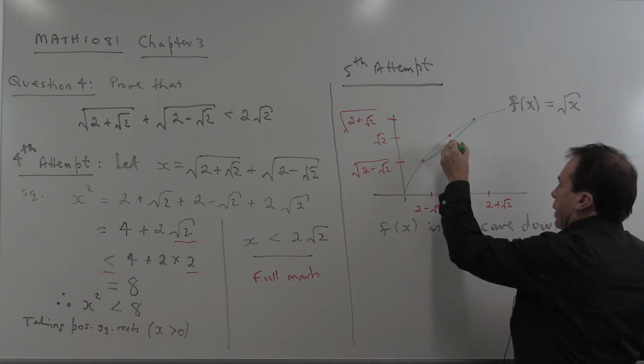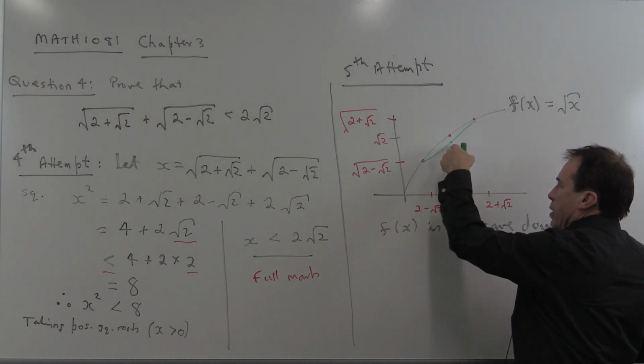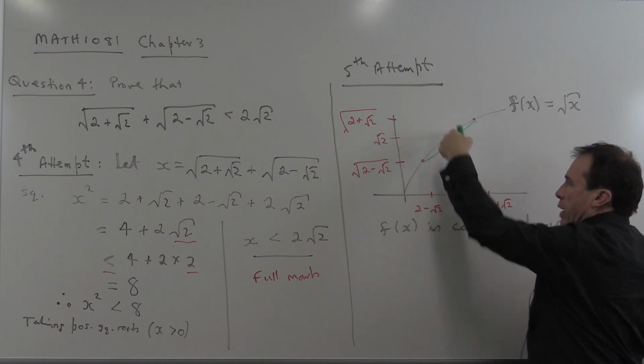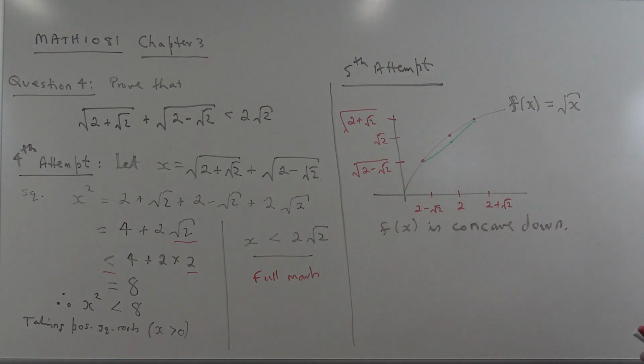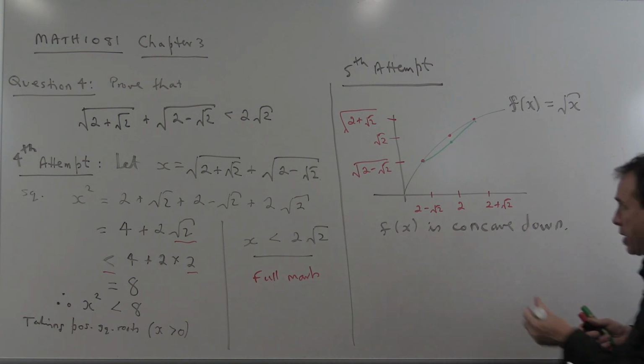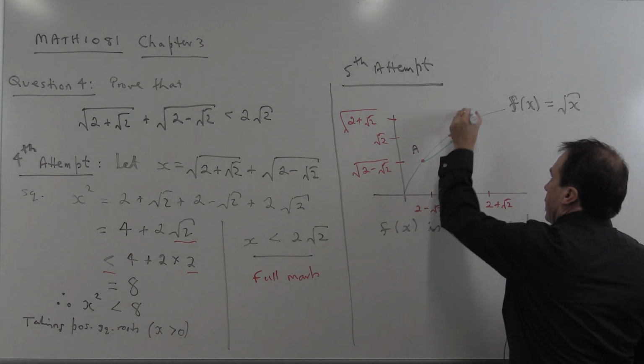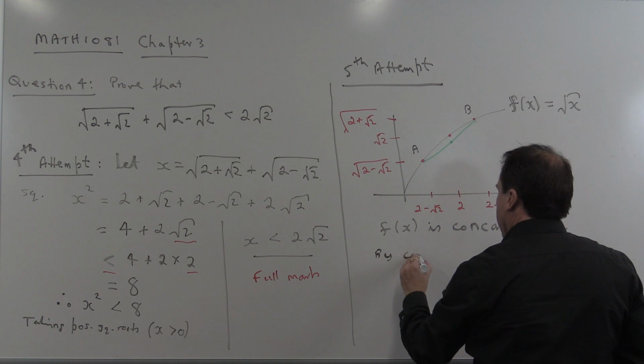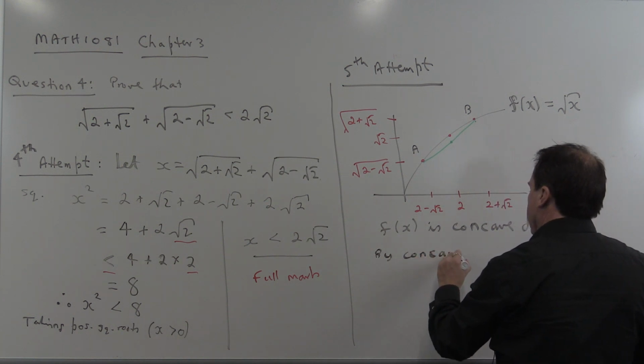And I can see that the y-coordinate of the midpoint, because by concavity, is going to be less than the y-coordinate on the curve. So let me give these 2 points a name. I'm going to call this point here A, this point here B. So by concavity, I'm going to put some English here.